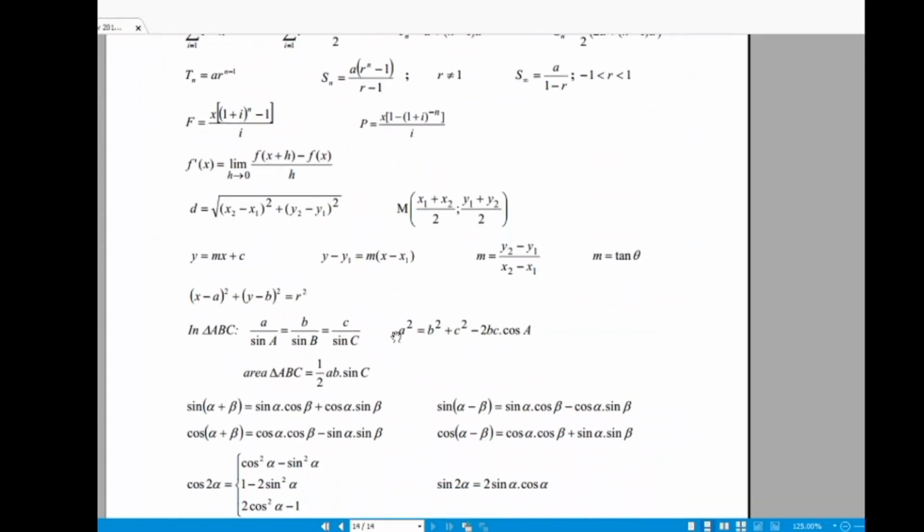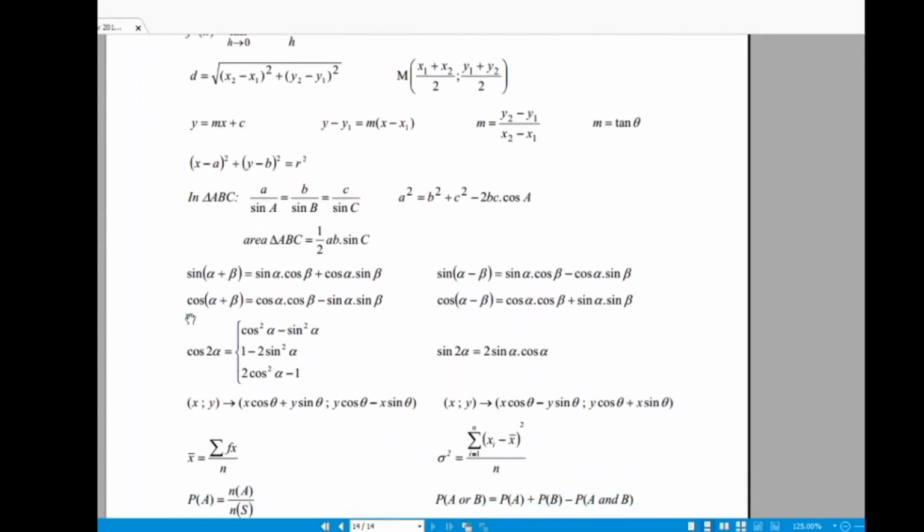So if we have a formula sheet, you can see lapha ukuthi sine alpha plus beta is equals to sine alpha cos beta plus cos alpha sine beta, right?